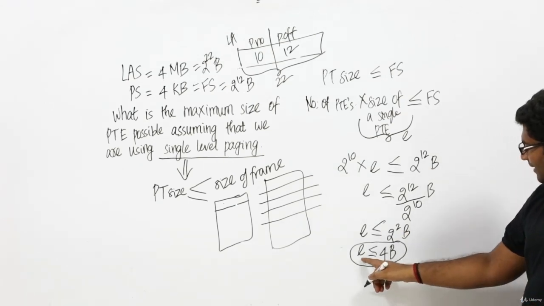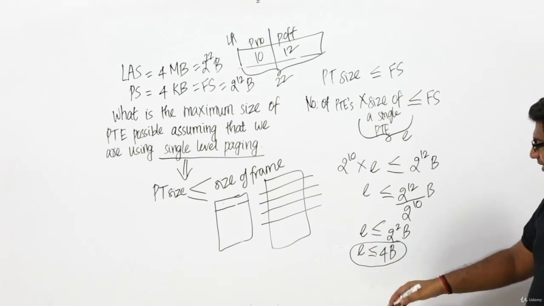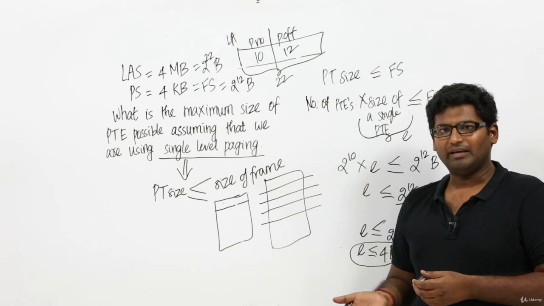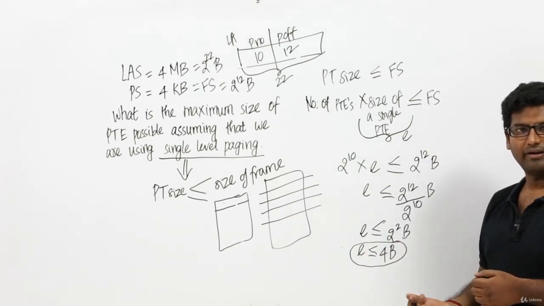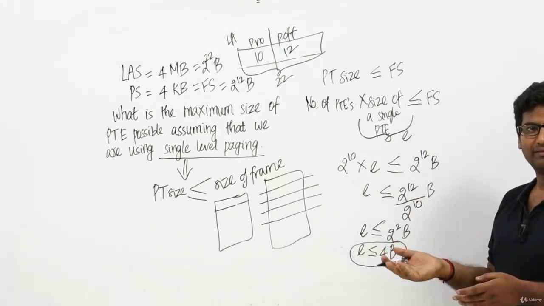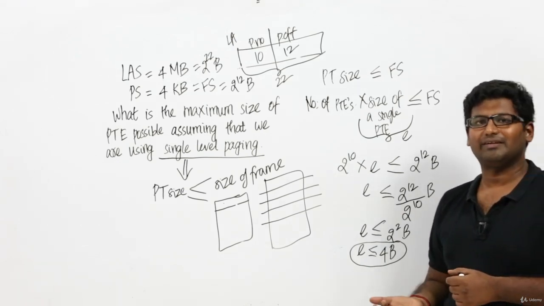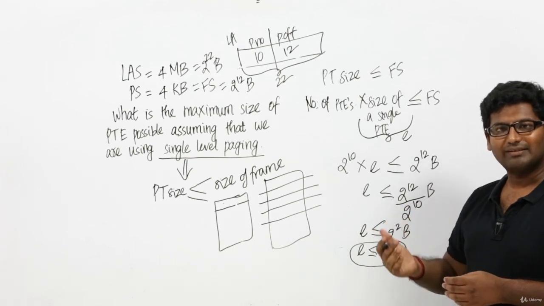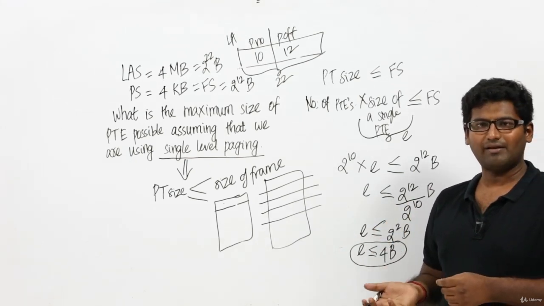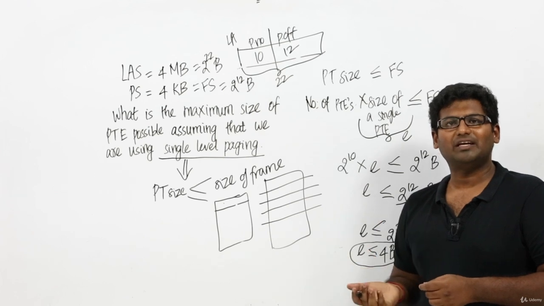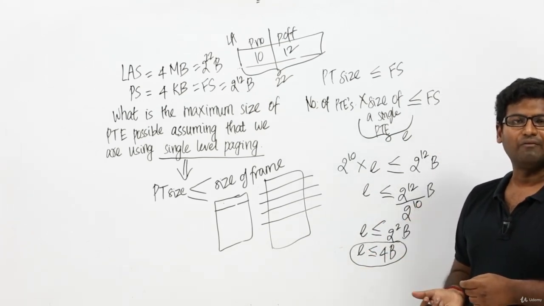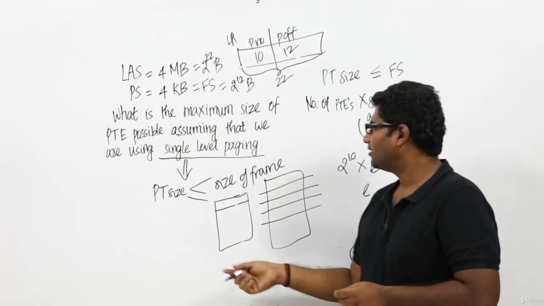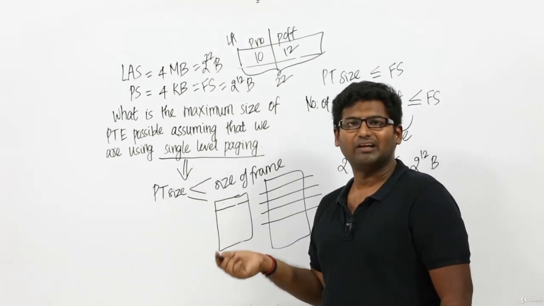If the size of the page table entry increases, the size of the page table will also increase, right? Then the total size of the page table will become larger than the size of a page. And in case the total size of the page table becomes larger than the size of a page, we should definitely go for multi-level paging, right?